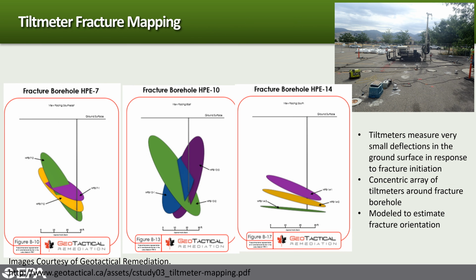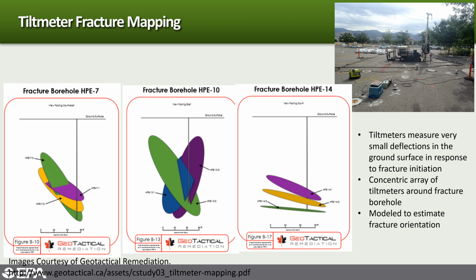So one of the nice things you get, as I mentioned, here are some of the tilt meter arrays placed in a concentric array around the geoprobe as it does its fracturing effort and delivers its amendments and places ZVI.